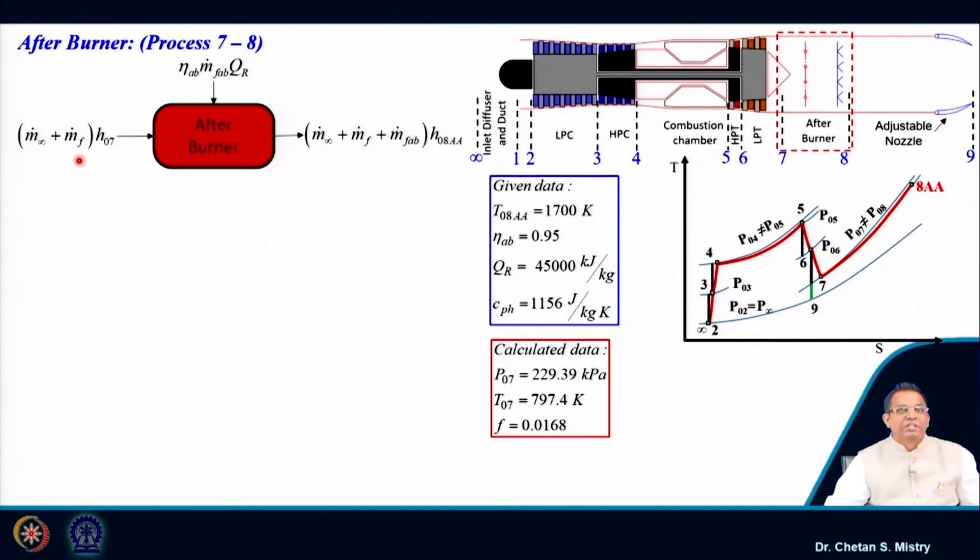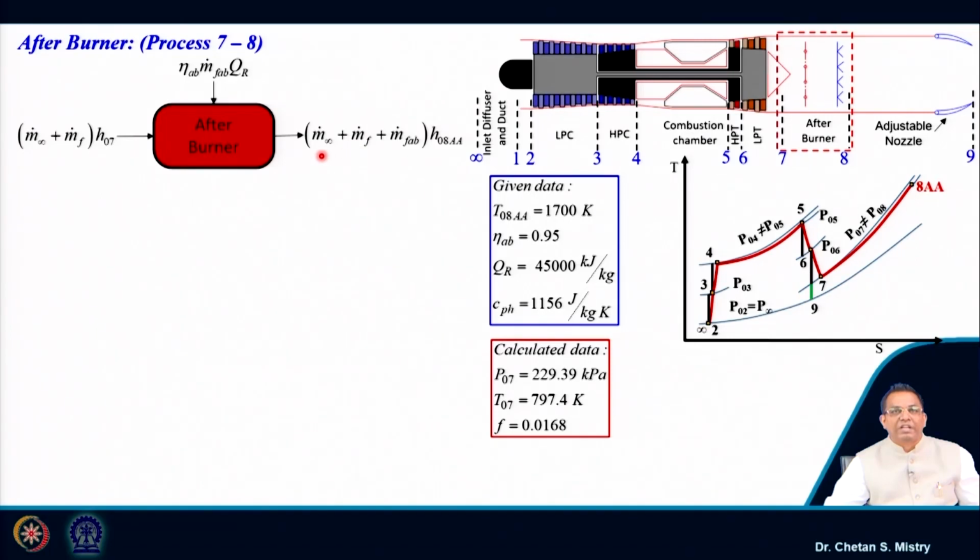So, here in this case the flow that is coming out from my LP turbine has mass flow rate, say, m infinity plus mf. We can say my fuel and air, together they are entering inside my afterburner. This is what is representing my energy input because of burning, and here this is what will be coming out.